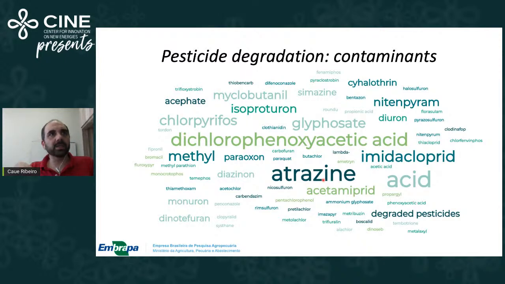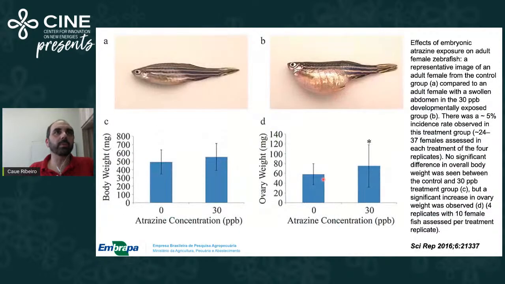This pesticide is among one of the most used pesticides in the world till today. It's used for corn production, and we know that we have some typical problems with these pesticides in the aquatic biota, for instance, fishes, frogs, etc. This is an example of one of these studies analyzing atrazine at very low concentration levels, for instance, 30 ppb, parts per billion, in water.